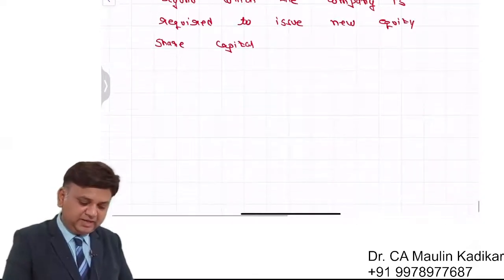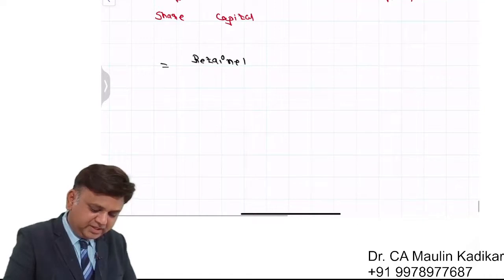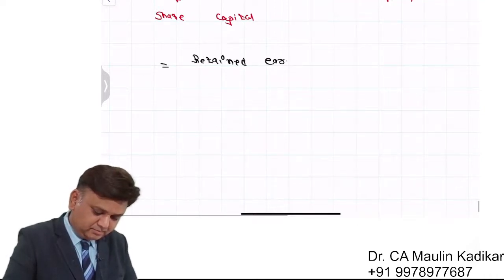It will be calculated as retained earning divided by weight of equity.